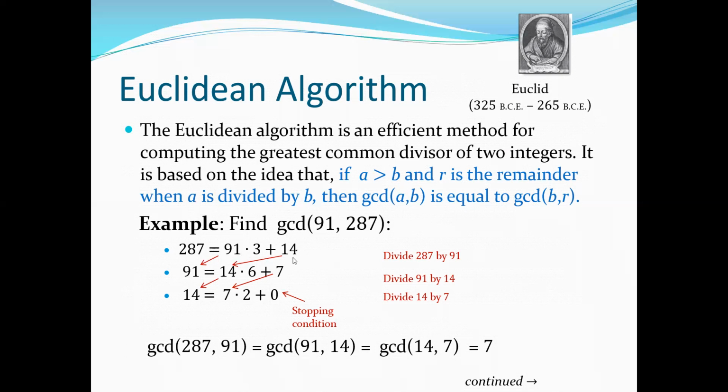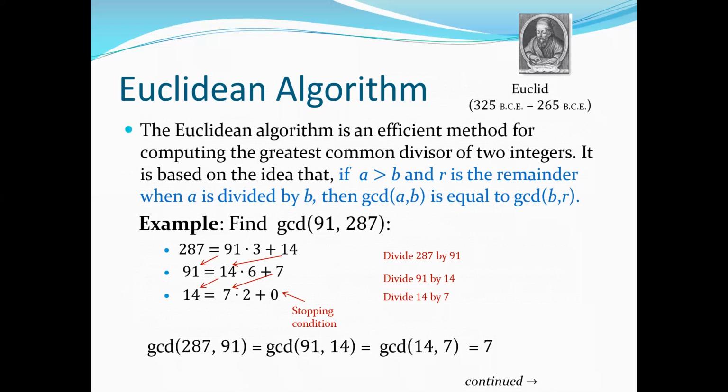Next, we're going to divide 91 by the excess. So 91 is equal to 14 times 6 plus the excess, which is 7.